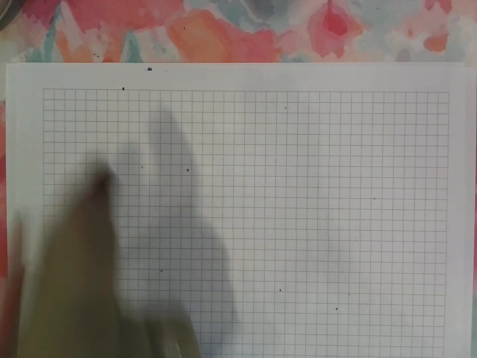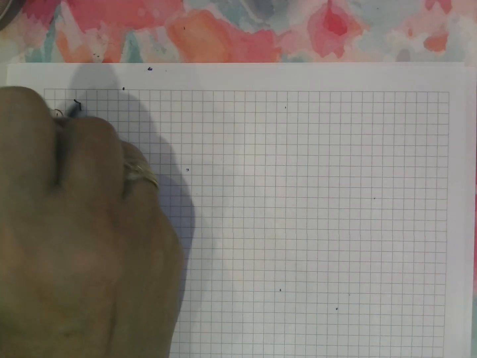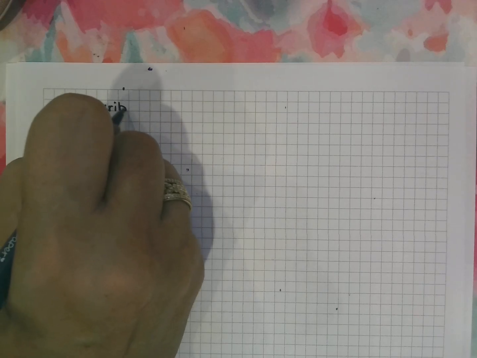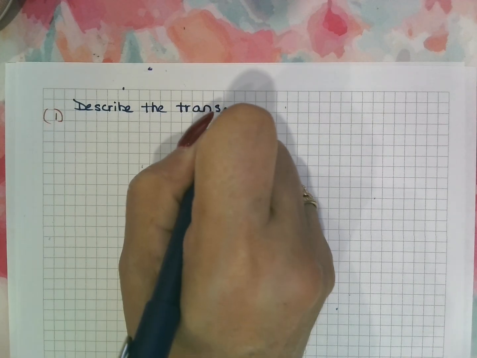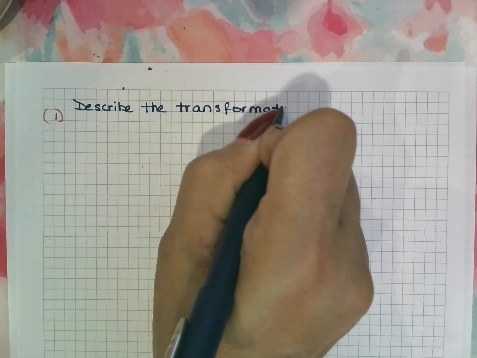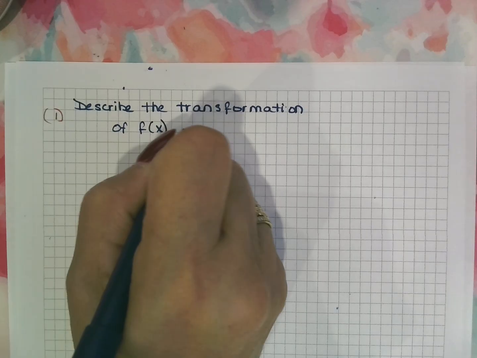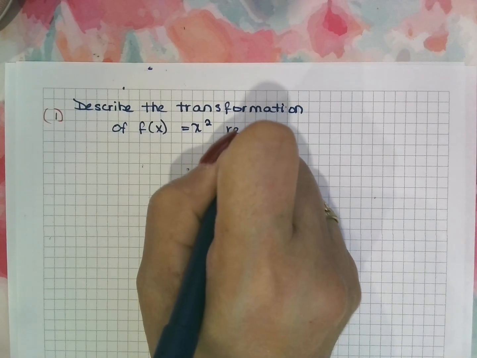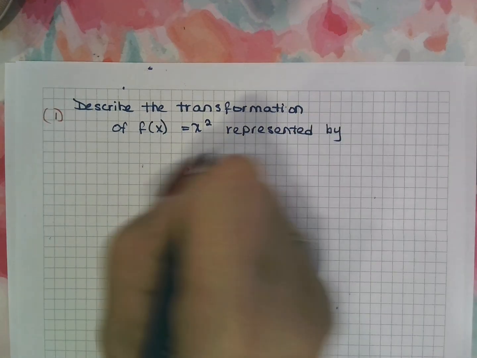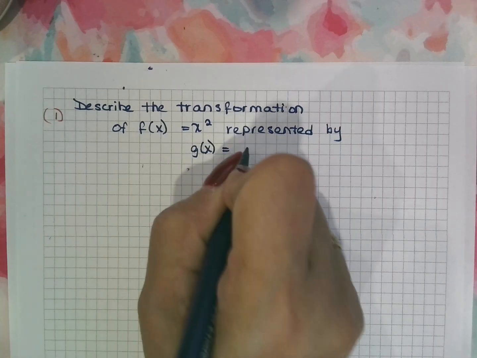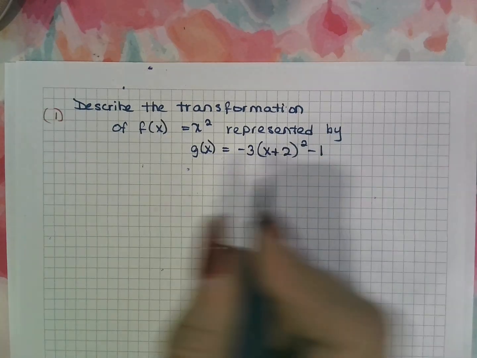Let's take a look at number 1. Describe the transformation of f of x equals x squared represented by g of x equals negative 3(x plus 2) squared minus 1.